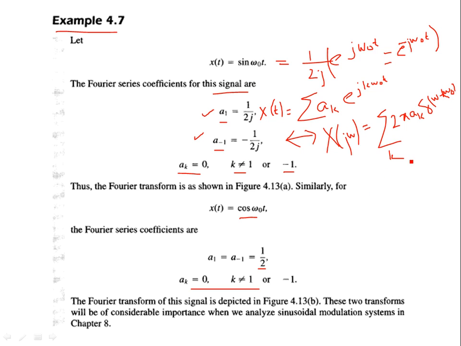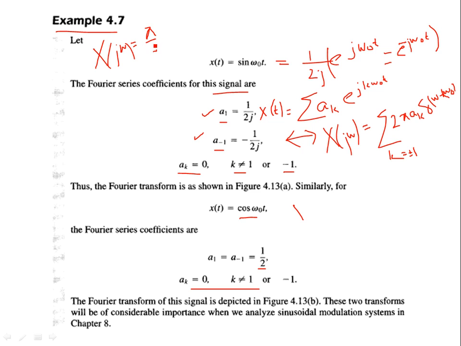Since there are only two Fourier coefficients, for sine omega t, X(j omega), since in this summation k is equal to plus or minus 1 only, otherwise it is 0, will be equal to, multiplying with 2 pi, pi by j.